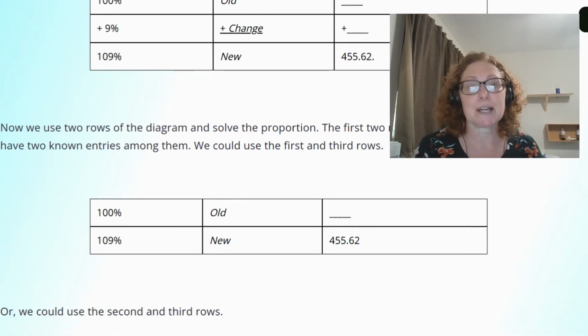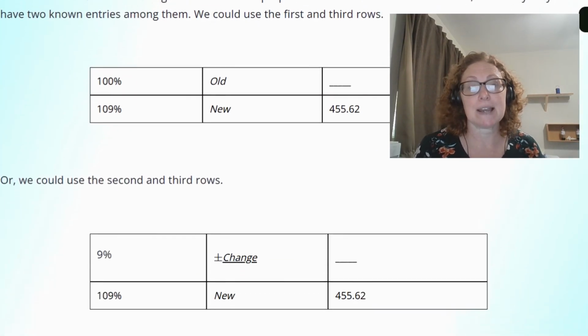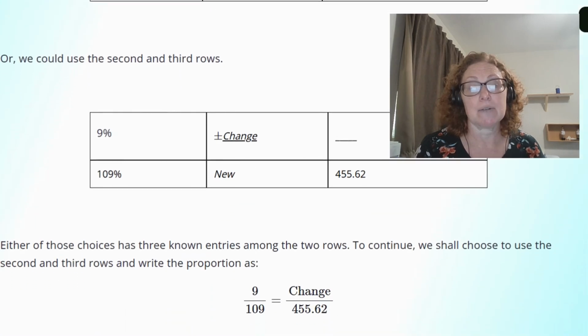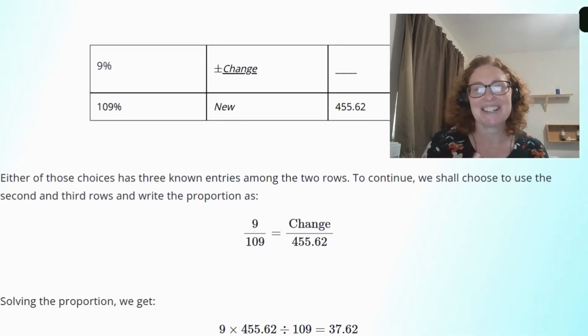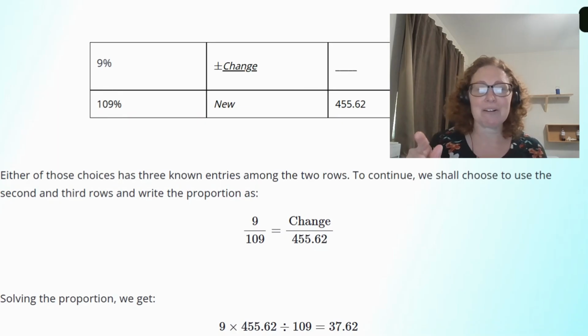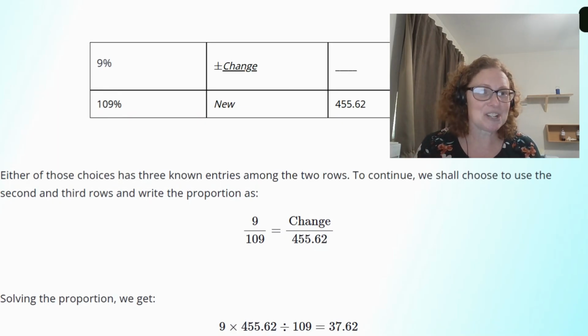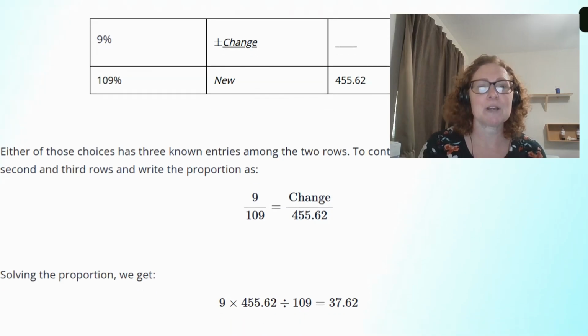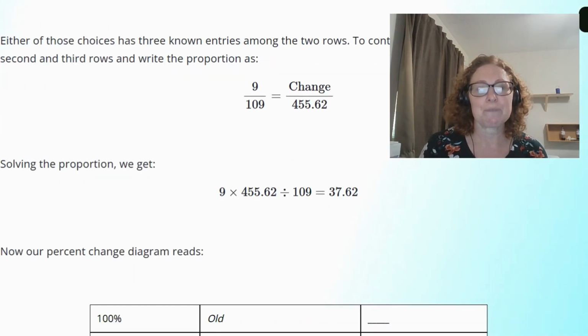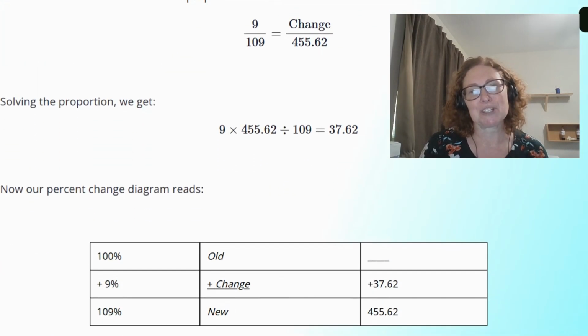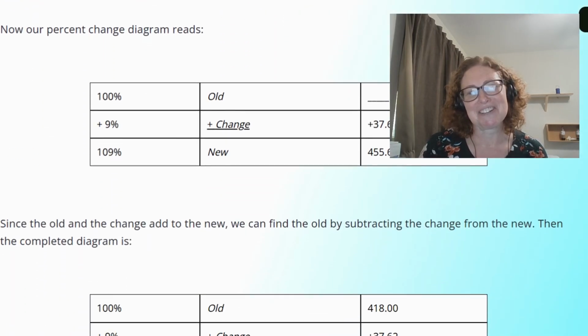And so basically you're setting up the proportion in that same way. And so here's kind of what I wrote earlier. The 9 over the 109 is equal to the change over 455.62. Or you can use x or whatever number you would like to use. So we solve the proportion, and we get our answer, which is 37.62.